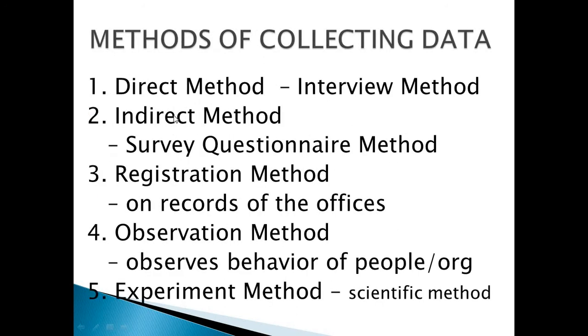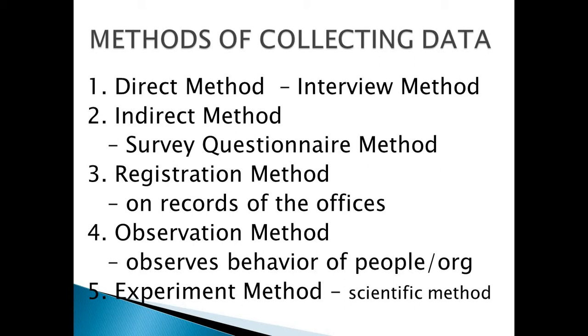For the methods of collecting data, I am giving you five. Some books mention four, but in our discussion we're dealing with five. The first one is the direct method or the interview method. Second is the survey questionnaire method, which we normally call the indirect method. Third is the registration method, which is through records of the offices.